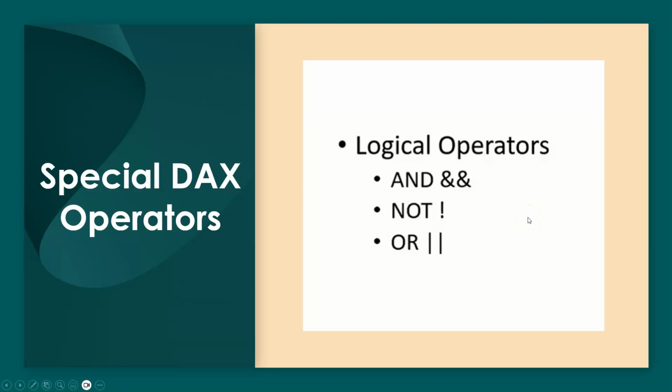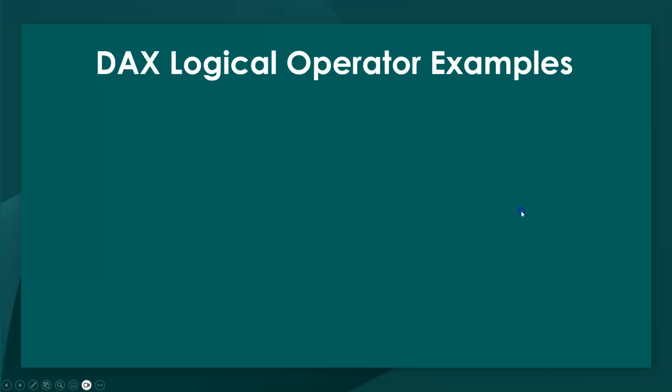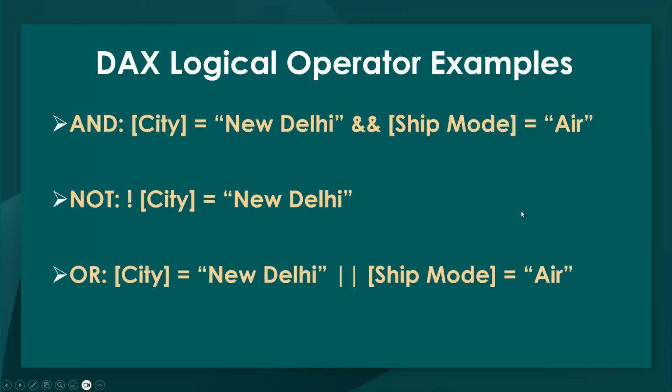So in Excel, we have that function with OR, but in Power Pivot DAX, if you want to make some criteria, you have to put two pipe symbols together in order to perform the criteria. These are some of the examples. I hope you will understand with this example. The first one is with the AND, and there are two columns in a table.